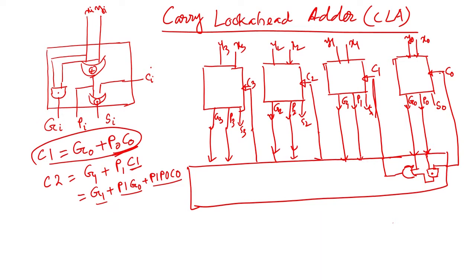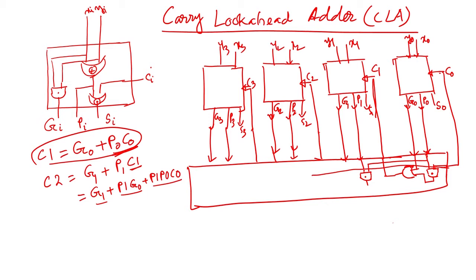So, P1 G1 will be AND. So, you have to take from here, this will be AND, P1 G0. So, this will be AND, and then P1 P0 C0. C0 is here, so there should be a direct line, this will be C0 and P1 P0.